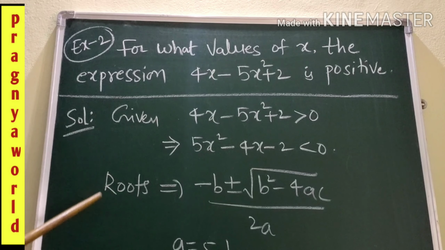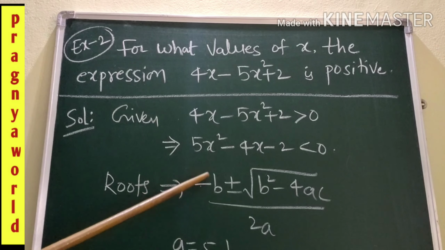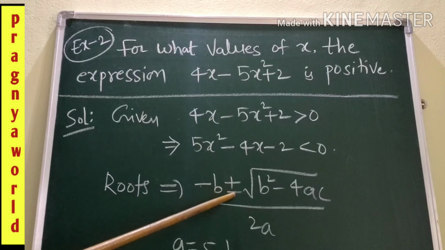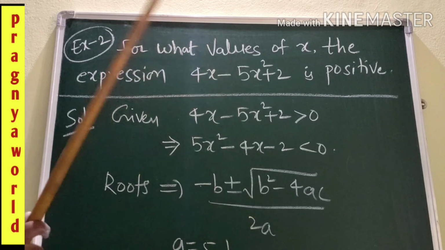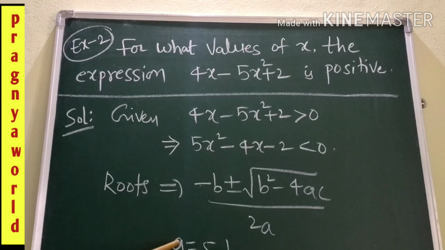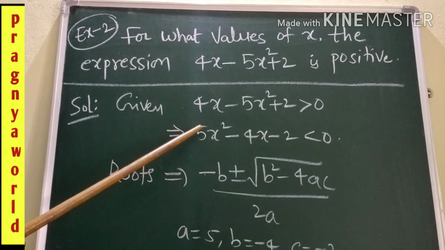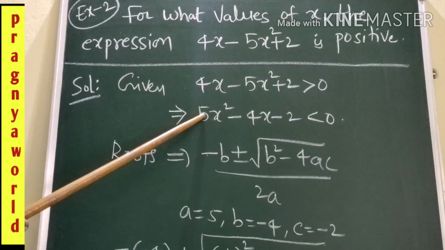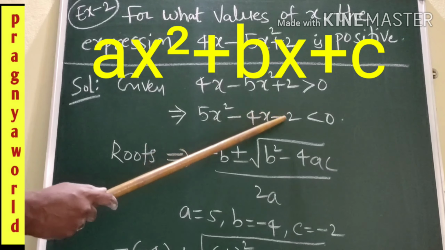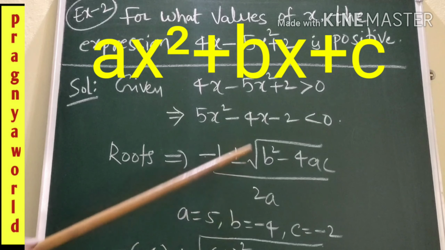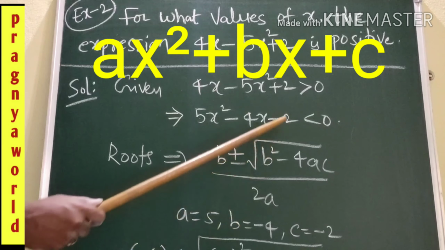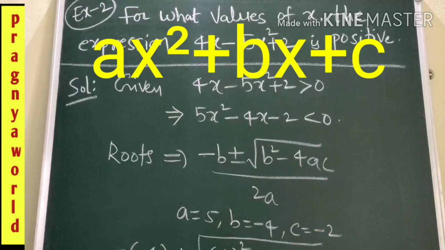Now let us find the roots of the quadratic expression, that is minus b plus or minus under root b square minus 4ac by 2a. Now comparing the given expression with ax square plus bx plus c, we get a is equal to 5, b is equal to minus 4, c is equal to minus 2.